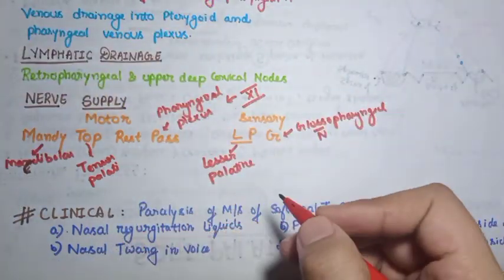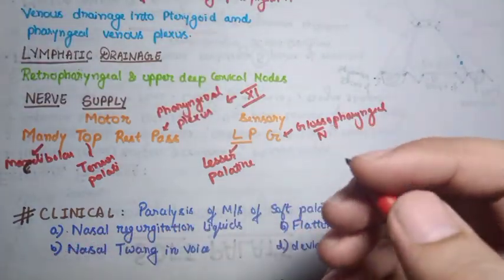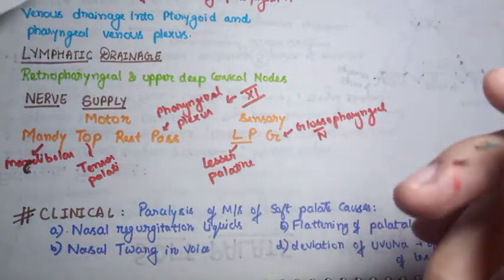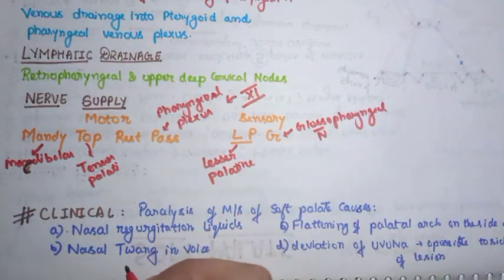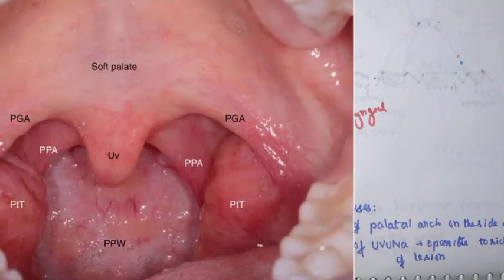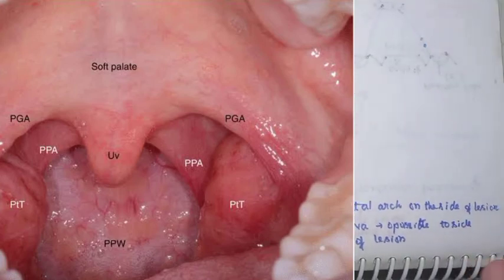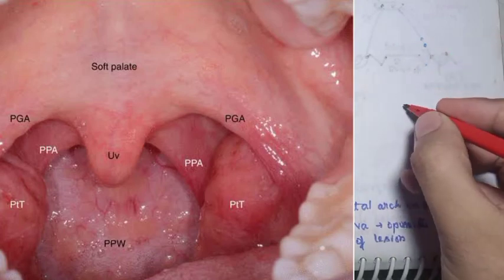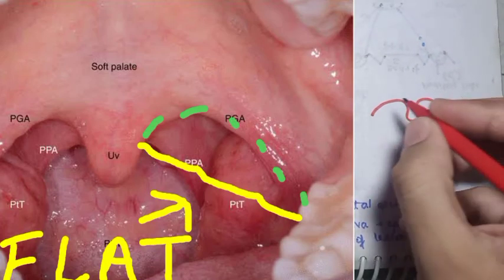But if there is paralysis of this muscle, it will lead to nasal regurgitation of liquids. There will be a nasal twanging voice. It may seem that the person is speaking through his nose. That's called the nasal twanging voice. There may be flattening of the palatal arch on the side of the lesion. Suppose, as drawn in the diagram, this is the palatal arch, this is the uvula, and this is the palatal arch.